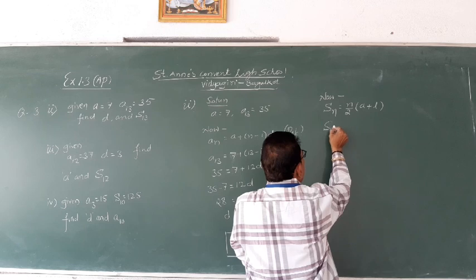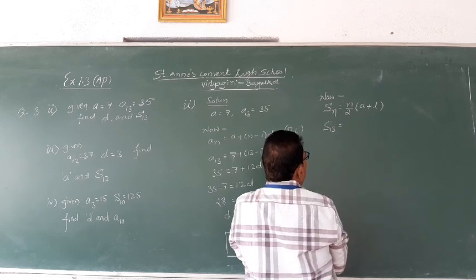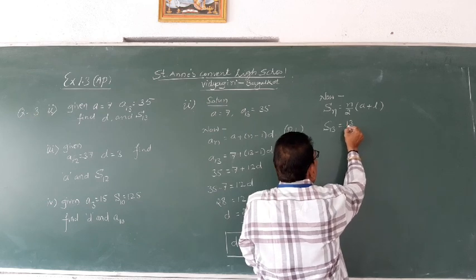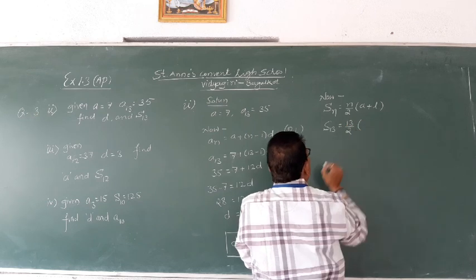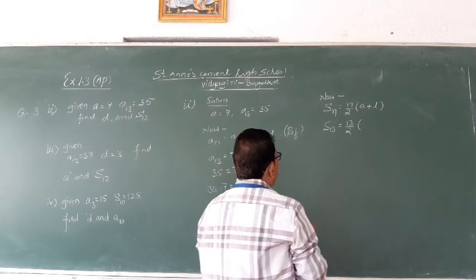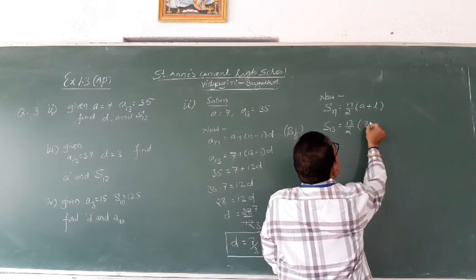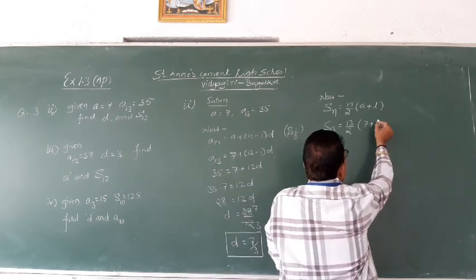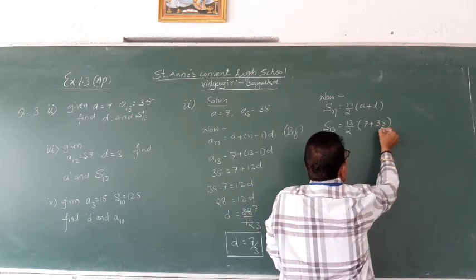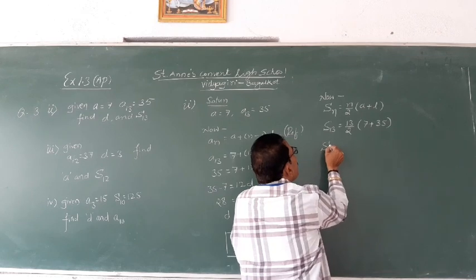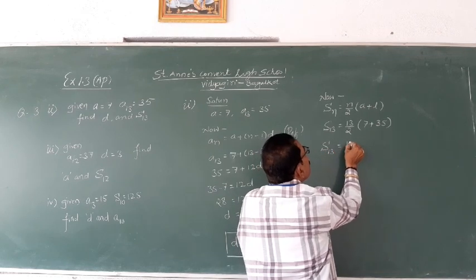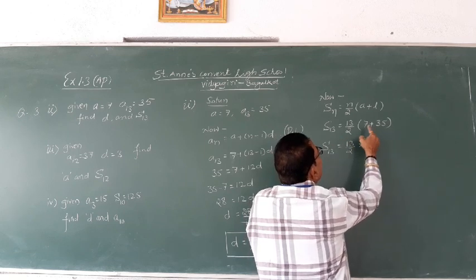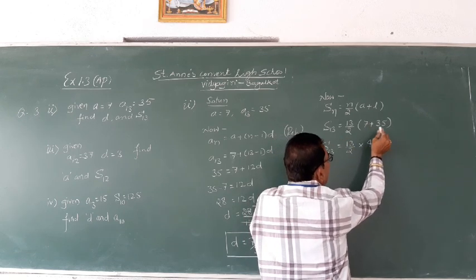That is S13 equals n by 2, that is 13 by 2. a is 7 plus nth term 35 is given. So S13 equals 13 by 2 into 35 plus 7, 42.